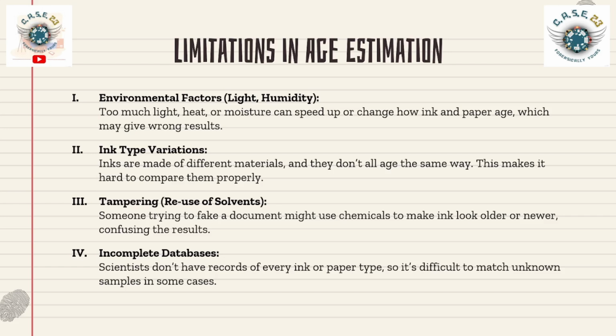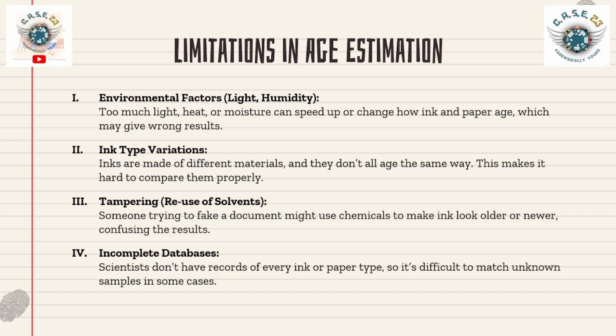Then the second type is ink type variations. Not all inks are made the same. Some are water-based, some are oil-based, and some contain rare dyes or colors. Because of this, different inks age at different speeds, which makes it difficult to compare two samples unless they are the exact same type.